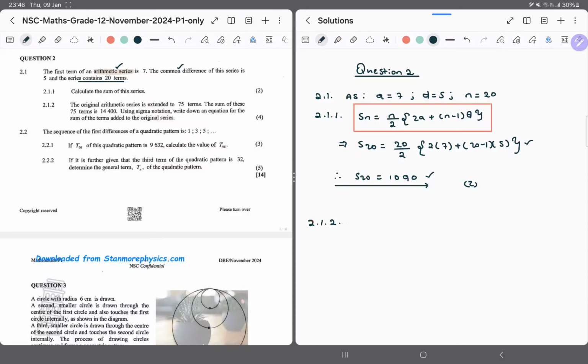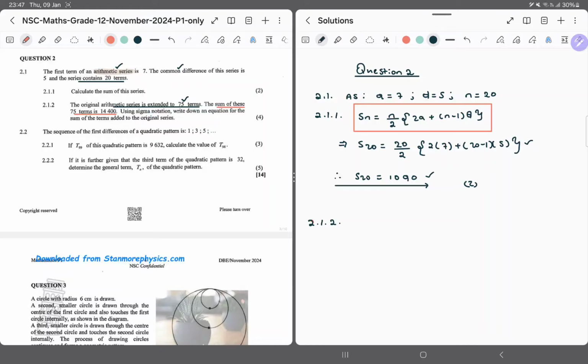So we have 2.1.2. The question says the original series is extended to 75 terms. Okay, now we've got 75 terms. Now the sum of these terms is 14,400.